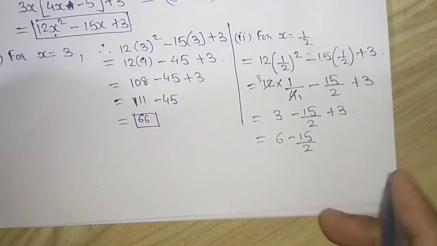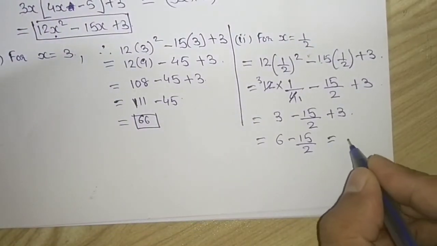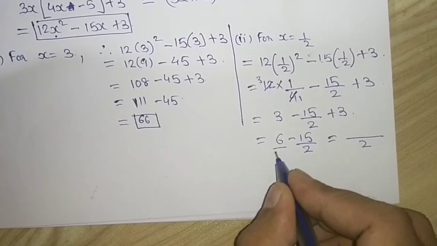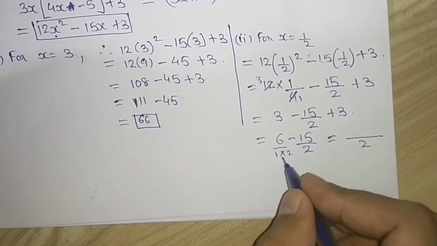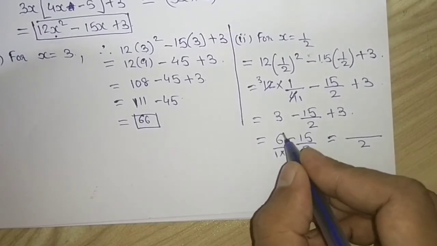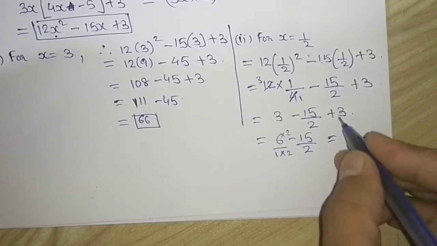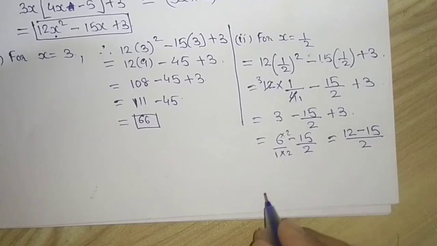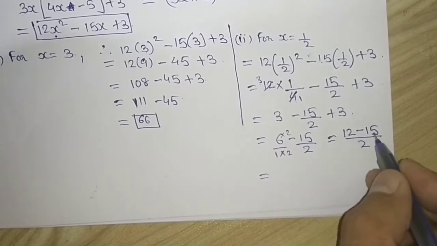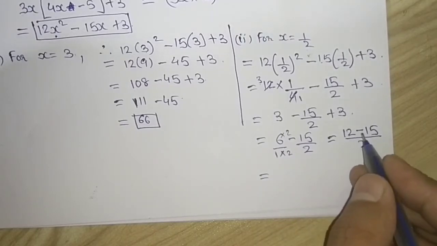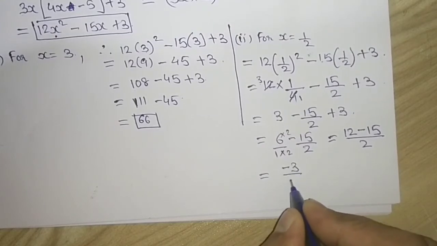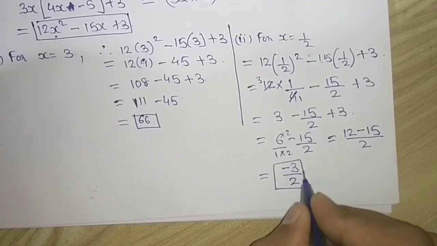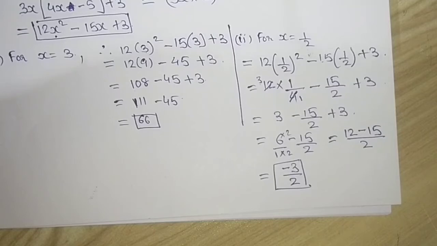Now taking LCM, LCM is 2. Here we don't have 2, so we will multiply 1 by 2, so above also multiply by 2. So we will get 6 2s are 12 minus 15 divided by 2. 12 minus 15 will give me minus 3 divided by 2. This is our answer.